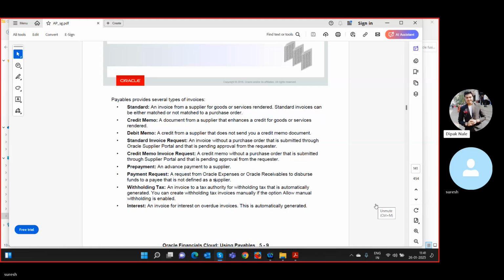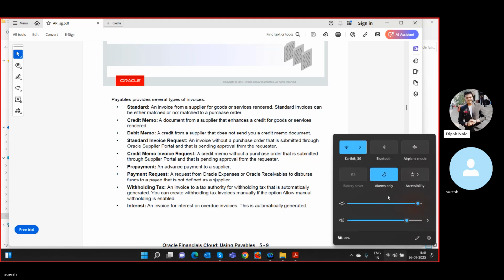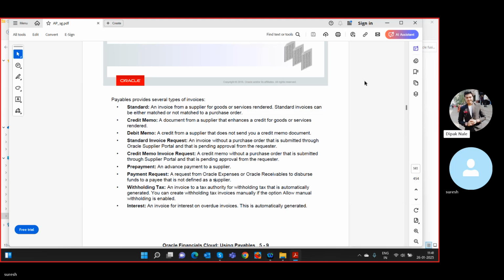Standard invoice, an invoice from a supplier for goods or services rendered. Standard invoices can be either matched or not matched to a purchase order. Credit memo, a document from a supplier that credits you for goods or services rendered. Debit memo, a credit from a supplier that does not send you a credit memo document.